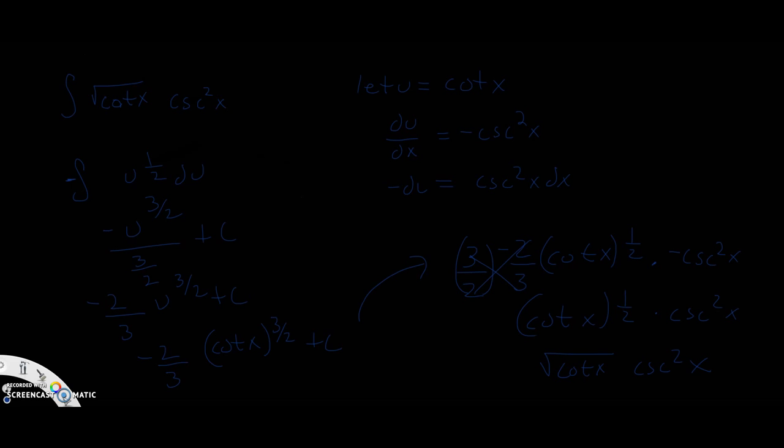Okay, I'm going to do one more, and then I'll do more tomorrow. Okay, so the last one that we're going to do is dx over cosine squared 2x. Now what you have to think to yourself is, do I really want trig identity? No, those are annoying.